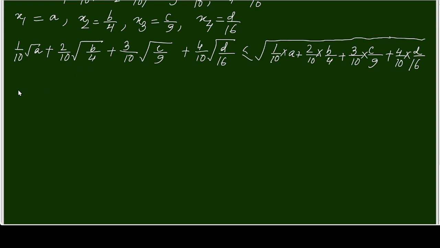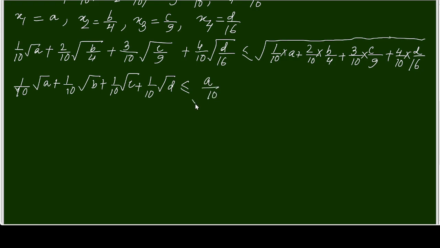So in the next line, the left side is nothing but 1 over 10 square root a plus 1 over 10 square root b plus 1 over 10 square root c plus 1 over 10 square root d, and the right side will be the square root of a by 10 plus b by 20 plus c over 30 plus d over 40.